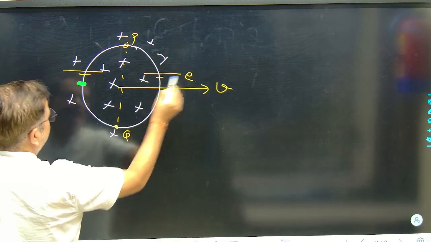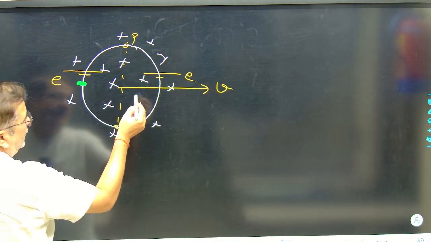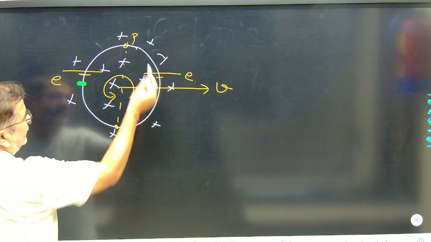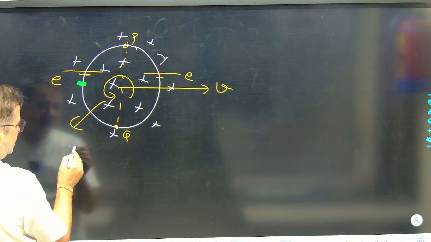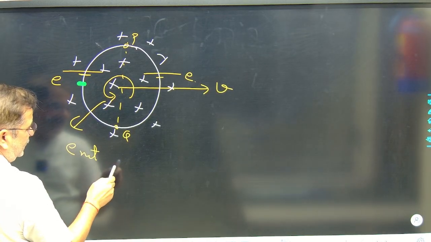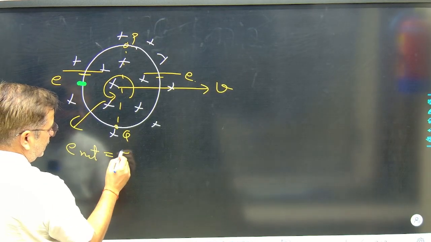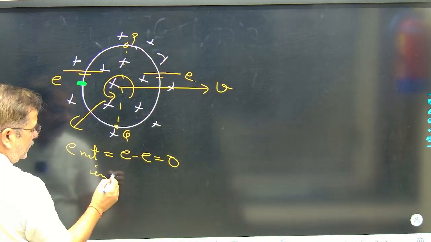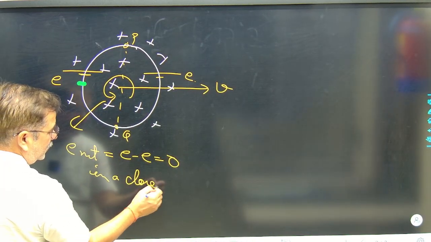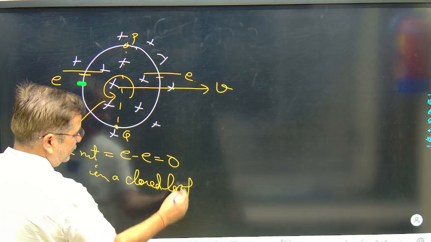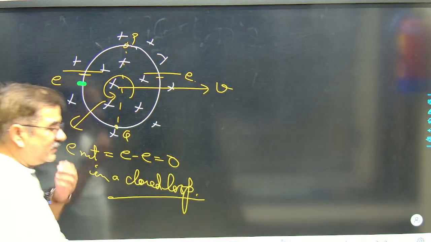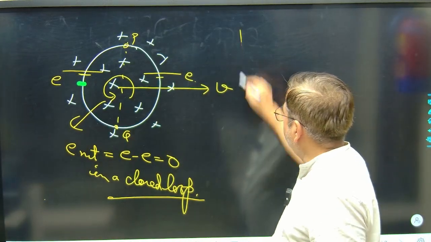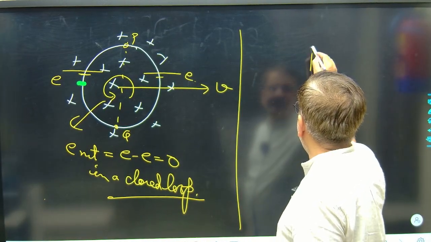One is this E, other is this E. If I make a closed loop, a circular loop here, it is plus E minus E, E net. E net in the loop, this will be what? E minus E, it is 0. E net is 0 in a closed loop. For a closed loop, this motional EMF will be 0. Hence, we say it is the displacement. With displacement, you can get it correct. Okay. Suppose I say somewhere the arrangement is like this.